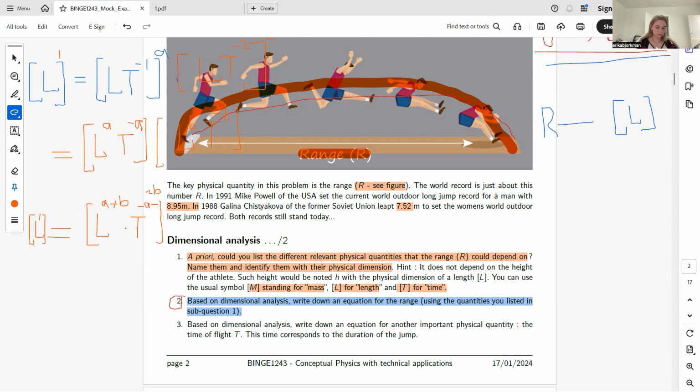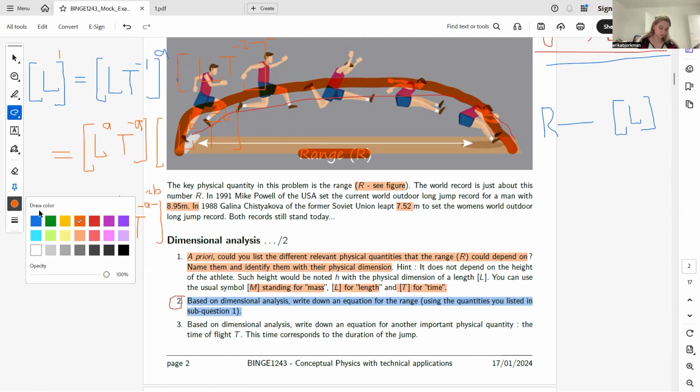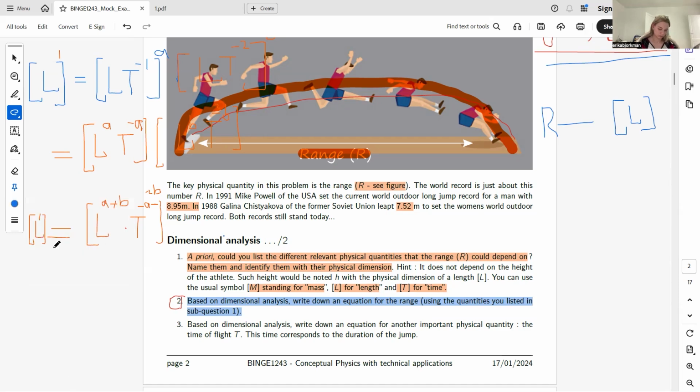Now, in the next step, you need to compare the left hand side power exponents and the right hand side power exponents. On the left hand side, we have the factor length L having the power 1. On the right hand side, we have the factor L having the power A plus B. After comparing their powers, we can make an equation: A plus B is equal to 1.